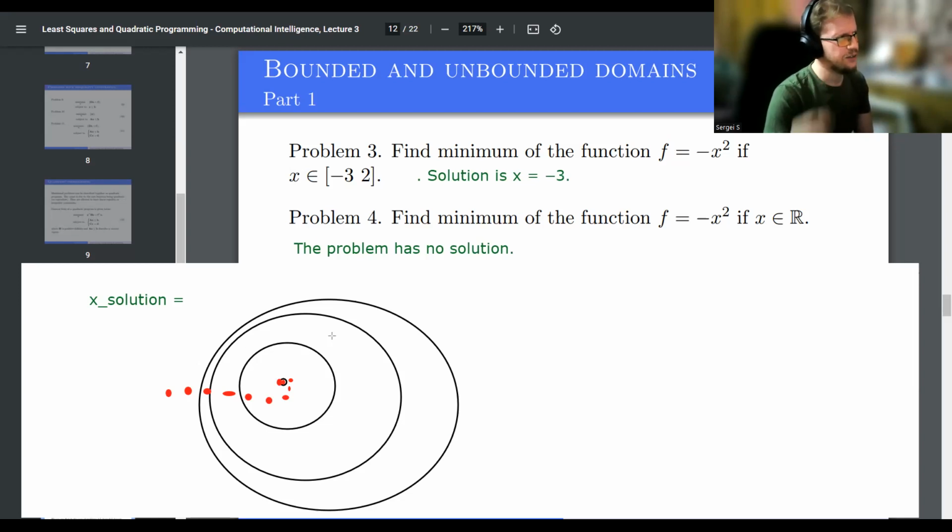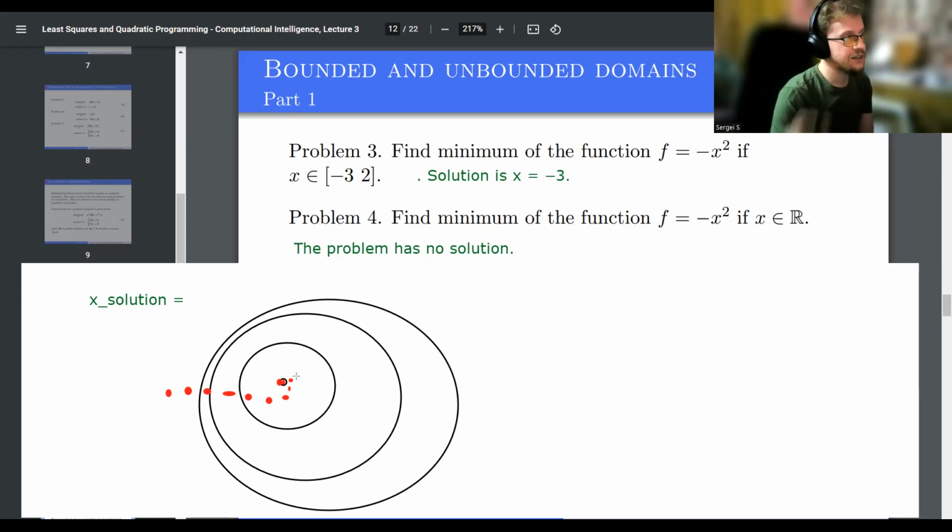I think that's a language we can use effectively here. The f of x on the sequence stops changing at the end. So as the sequence goes towards infinity, the neighboring f values are no longer decreasing. They are staying almost the same. They decrease, but they decrease smaller and smaller and smaller. Okay.